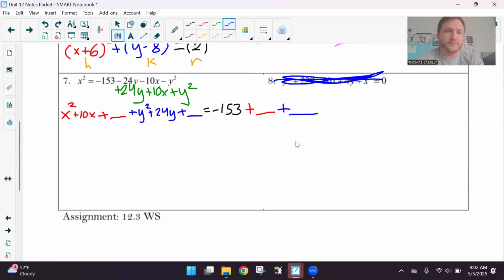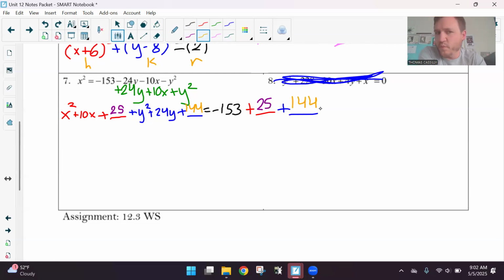We had an additional step here, just put everything on one side. You know what? This is getting long, so I'm just gonna see if you can figure out where I'm getting these numbers from. The first one here is going to be a 25. Right? The second number I'm going to get is going to be a 144. Right? So I'm going to put those on both sides. I see a 25. I see a 144.